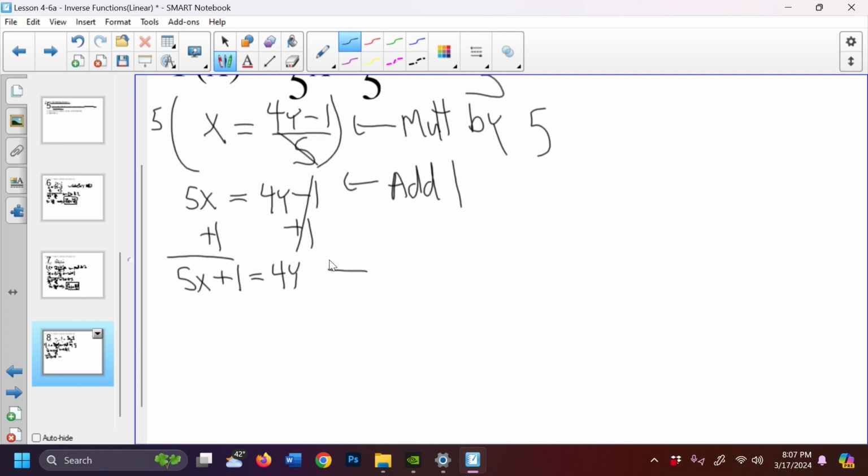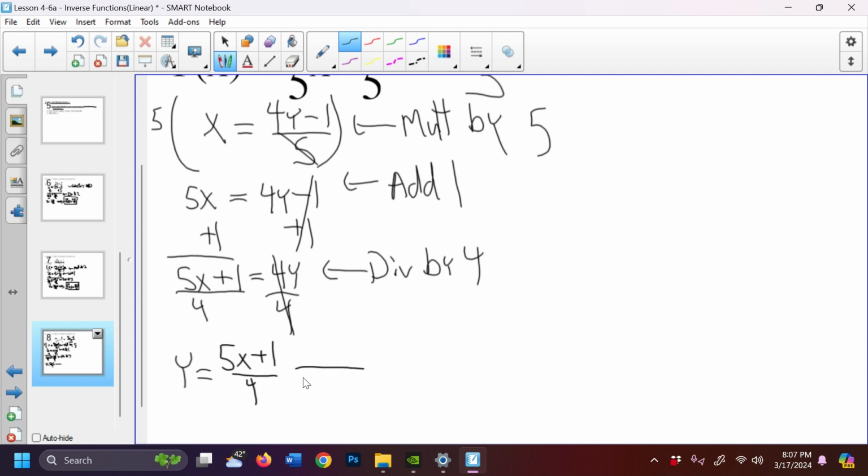Then I will divide by 4. So divide by 4, those cancel. I get y is equal to 5x plus 1 all over 4. And then I will rewrite that as f inverse of x is equal to 5x plus 1 all over 4.